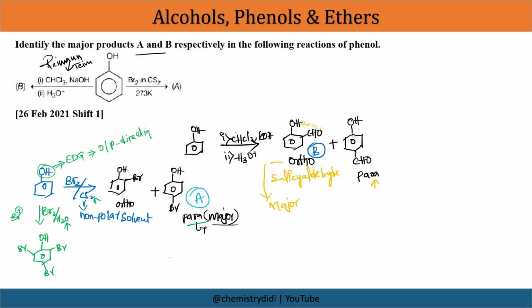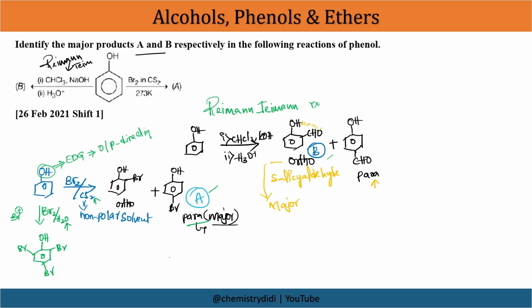I hope this question is fine for you and you have understood. So the major product A is this, and the major product B is this. This is the Reimer-Tiemann reaction. So try to write all the name reactions on one A4 size sheet.